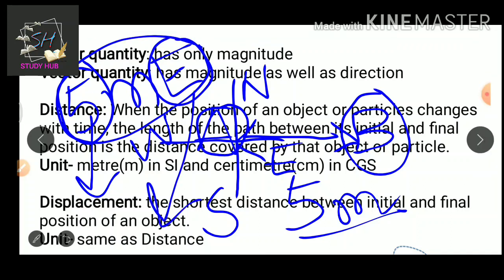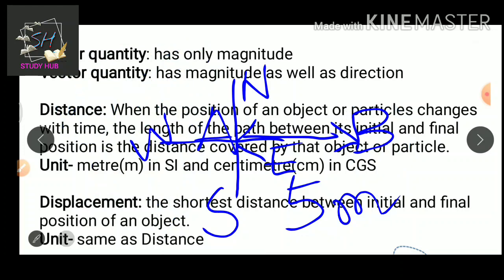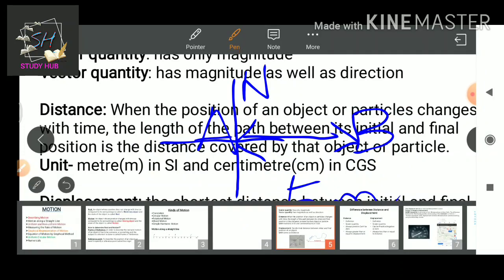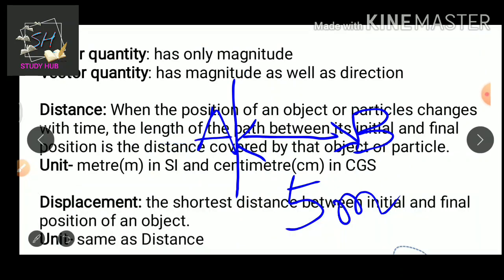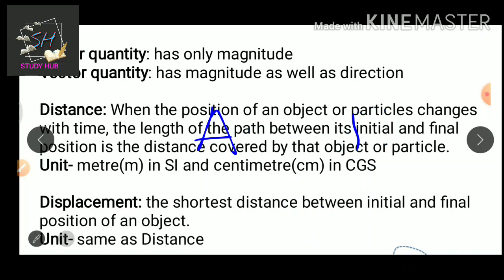When anything has magnitude as well as direction, then this quantity is known as vector quantity. And if any quantity has only magnitude, then it is known as scalar quantity. So now we'll understand what is distance and what is displacement. Now the distance is the length of the path between initial and final position of an object. Displacement is also same.